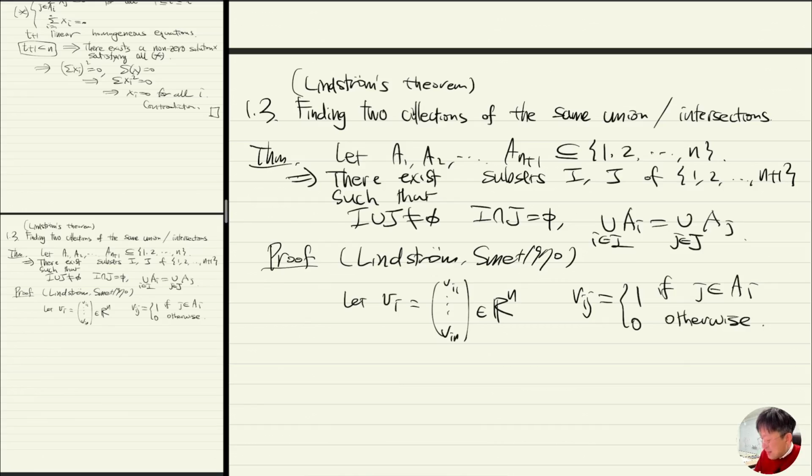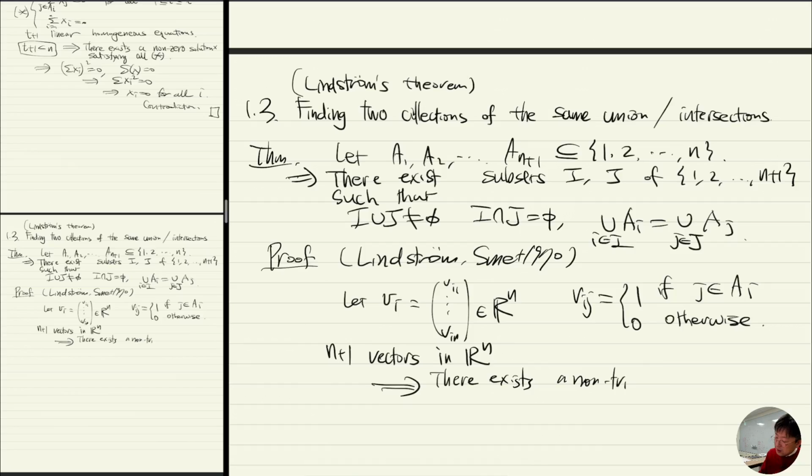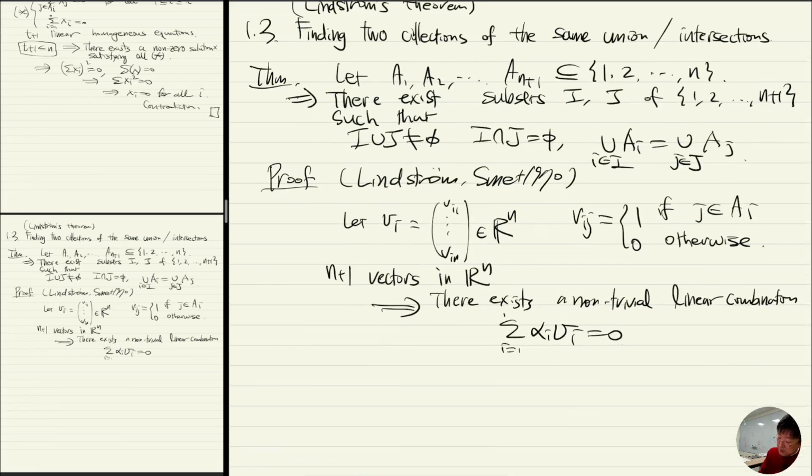Okay. Now we have n plus 1 vectors. What does that mean? That means they must be linearly dependent. So there exists a non-trivial linear combination. By non-trivial, I mean some coefficients are non-zero.